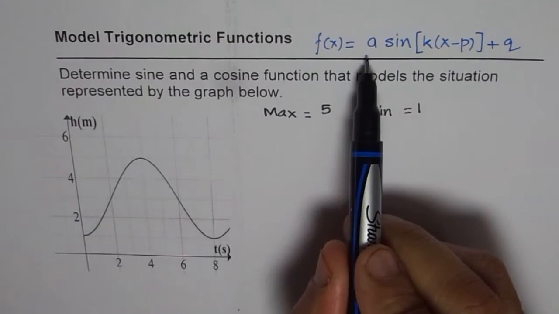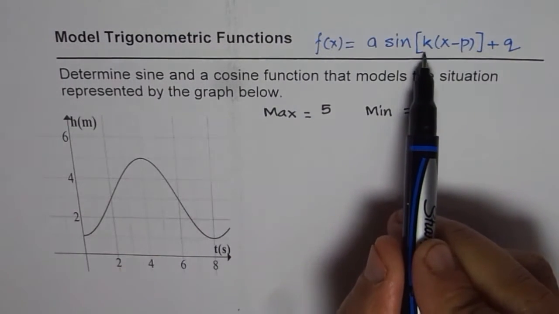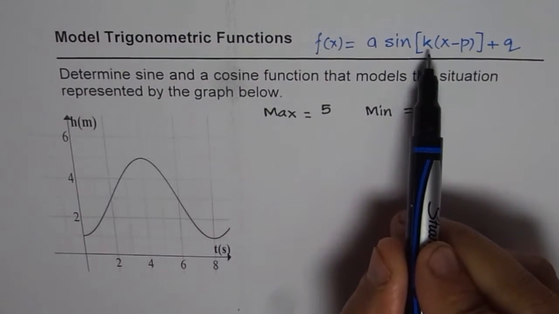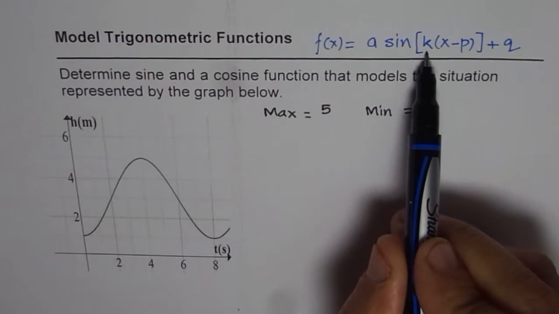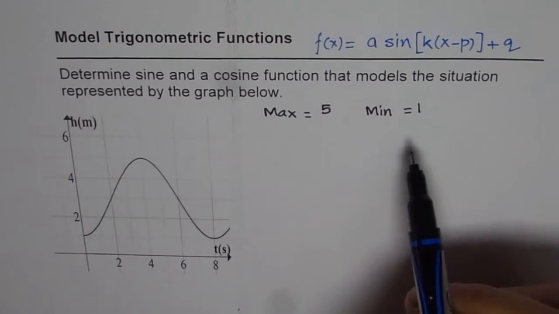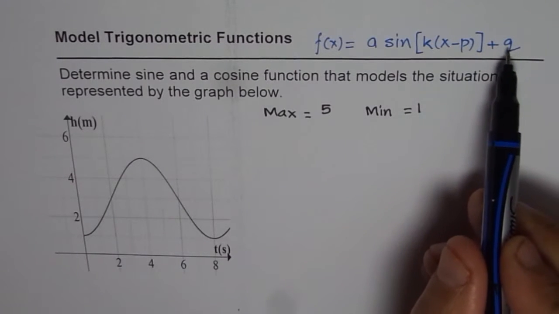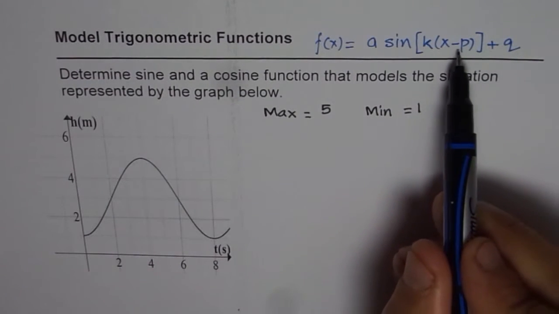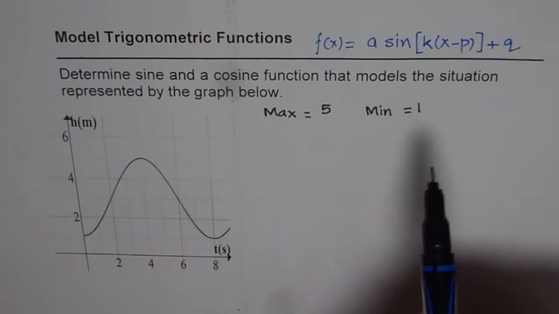Where a is the amplitude, k is the number of cycles in 2 pi, which is 2 pi by T, and q is the translation up and down. We always call it the axis of the graph also, and p is the phase shift.